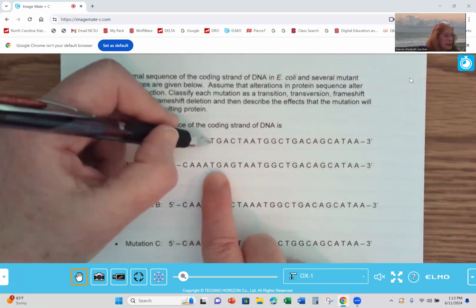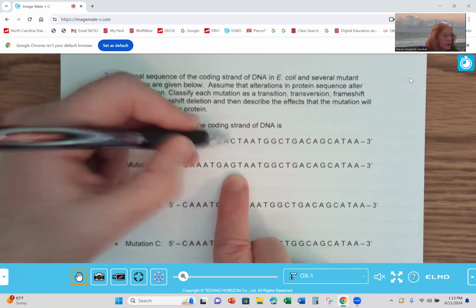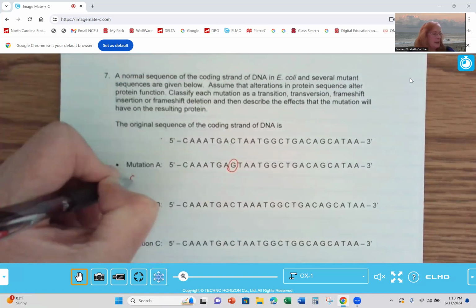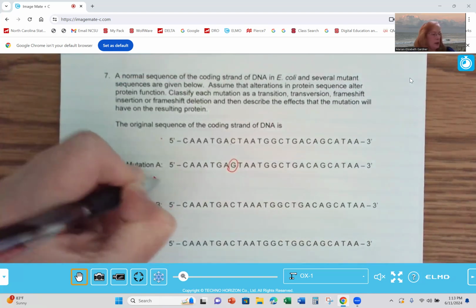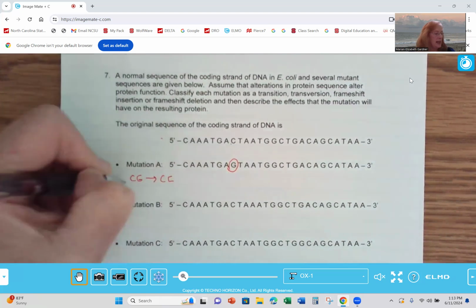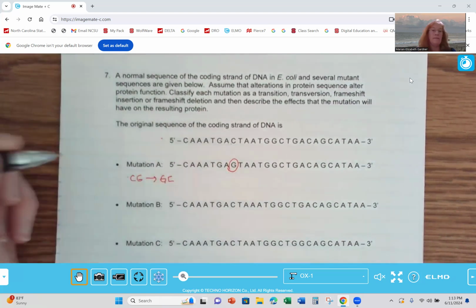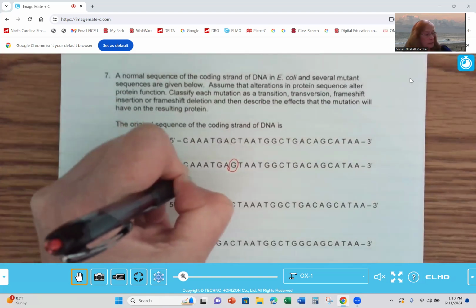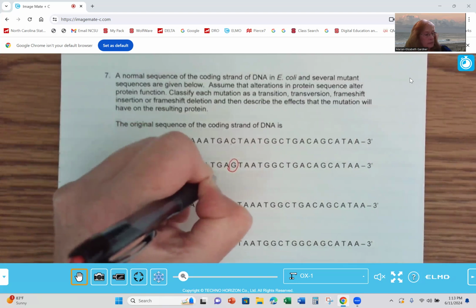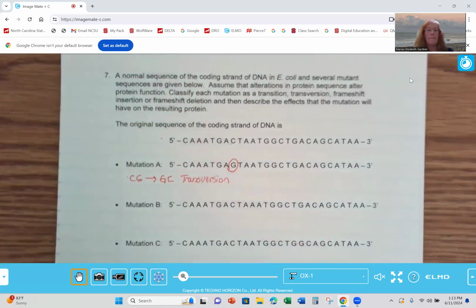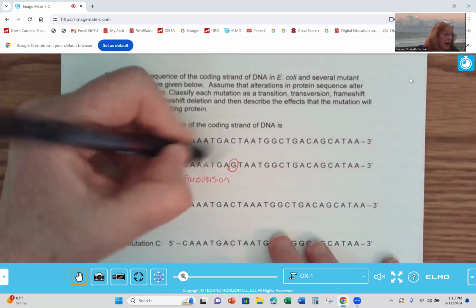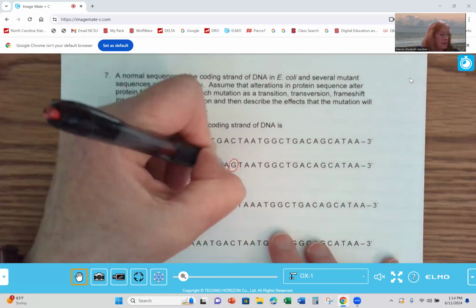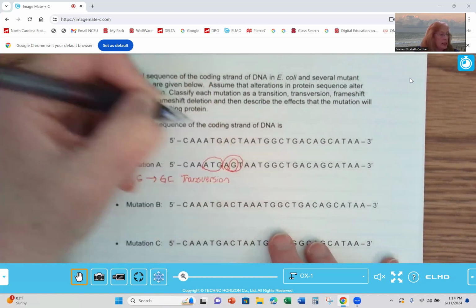A, three C's, TG. Whoa, there's our change right there. We went from a CG pair to a GC at the DNA level, and that's going to be a transversion. At the protein level, that codon remained the same, but this codon changed.